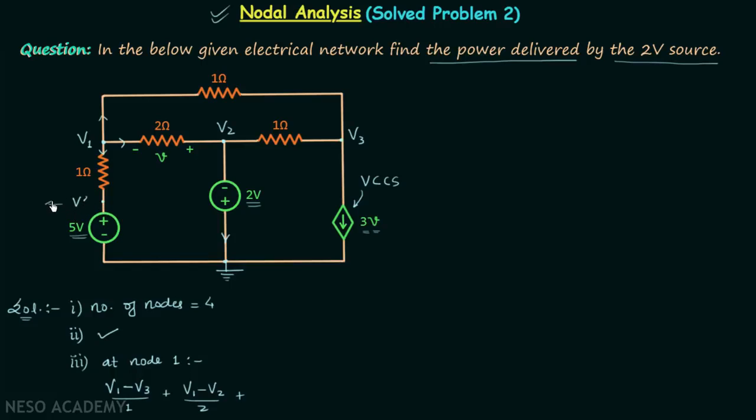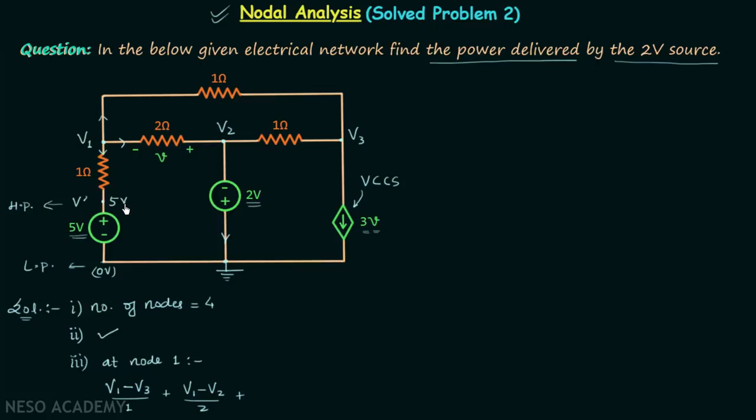So V prime is the point of high potential, and this is the point of low potential, because here we have connected the ground, therefore here the potential will be 0 volt, and we know high potential minus low potential will be equal to the potential difference or the voltage, that is 5 volts. So V prime minus 0 equal to 5 volts, or we can say that V prime is equal to 5 volts.